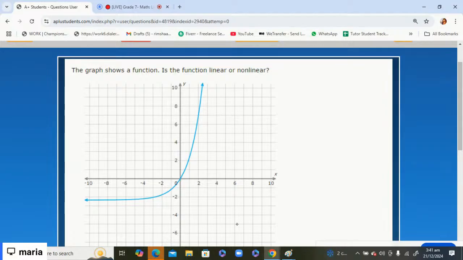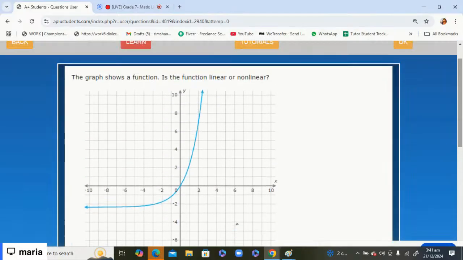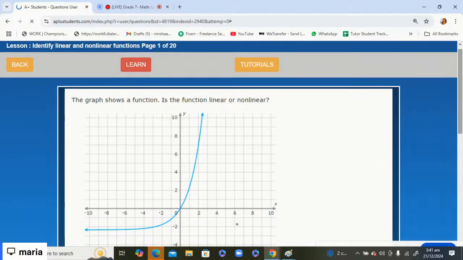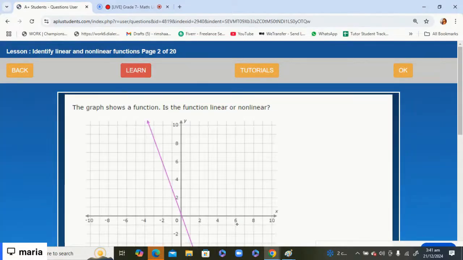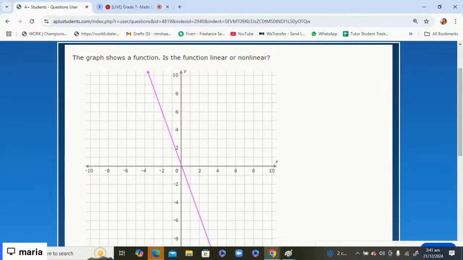So this is non-linear, okay? This is not showing the straight line. So look at this one. Does this graph show a linear or non-linear function? I already explained the linear function shows a straight line and non-linear function is not a straight line. So check it out everyone and then tell me the answer of this one.